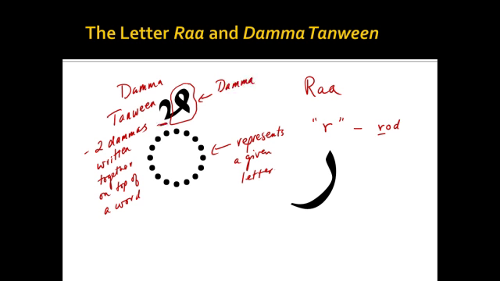Now, this part of the Damma Tanween is actually a shorthand, because the Damma Tanween is supposed to look like this. Okay, and I can write my little circle here that's supposed to represent a letter. So the Damma Tanween is supposed to look like this. However, when written in shorthand or written quickly, the Damma Tanween is sometimes written like this.